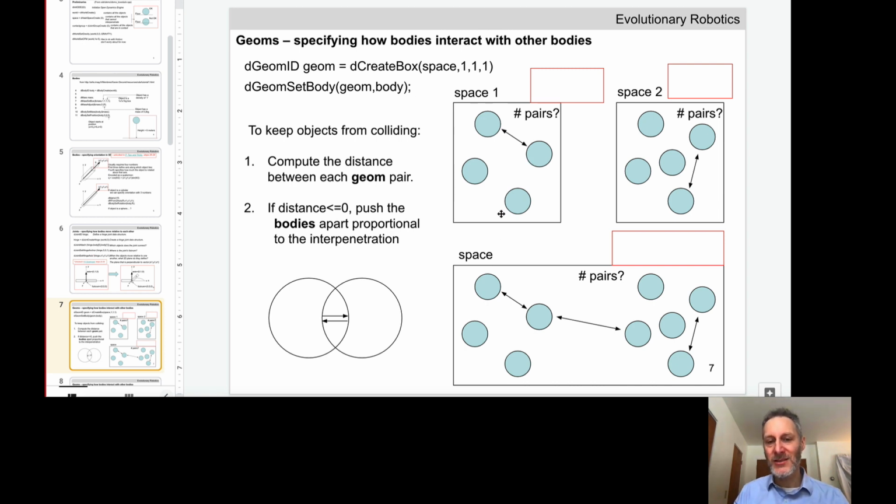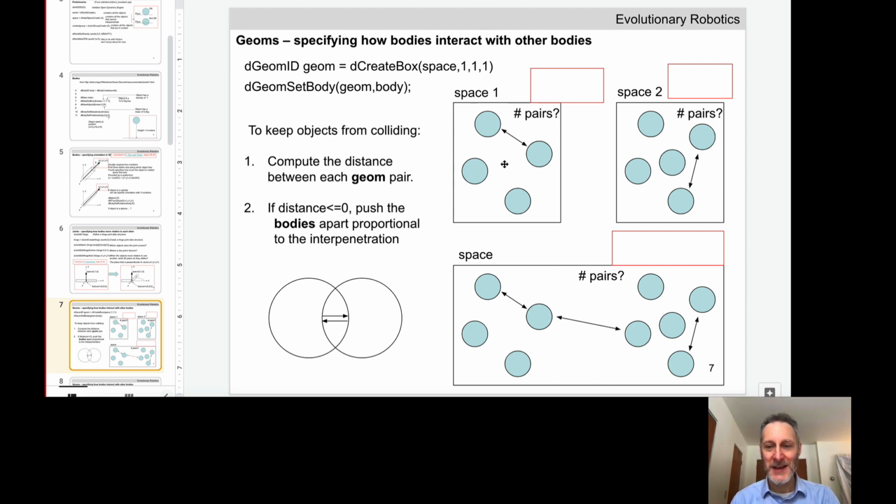The only thing it needs to do is detect any potential collisions in space 1 and any potential collisions in space 2. How many potential collisions are there in space 1 that contains 4 objects? You can use Nick's handy equation here.